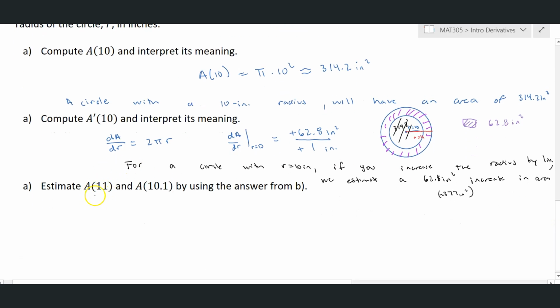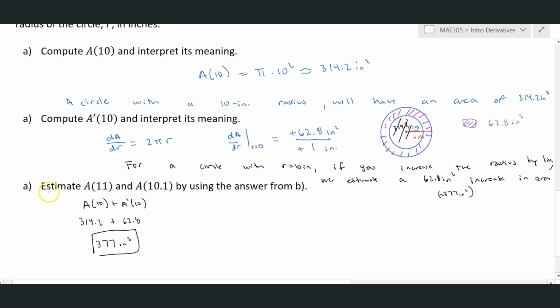So here, to get A of 11, what I could do is take A of 10 and add A prime of 10 to it. So in other words, that 314.2 plus the 62.8 should give us 377 square inches as our approximation, okay?